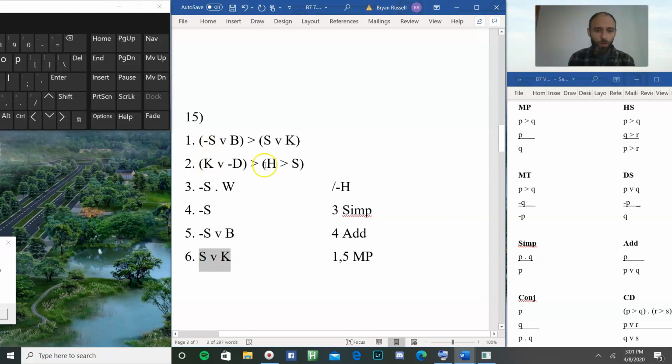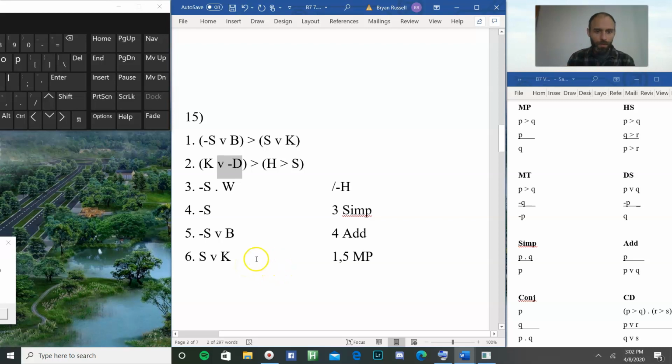Well, what we're trying to get if we're trying to isolate this is K wedge tilde D. So how can we get K wedge tilde D? Well, here we have S wedge K. So one thing we could do is if we could get this K by itself, we could just add or tilde D and then construct that antecedent and do modus ponens to get the consequent like we just did on lines 5 and 6.